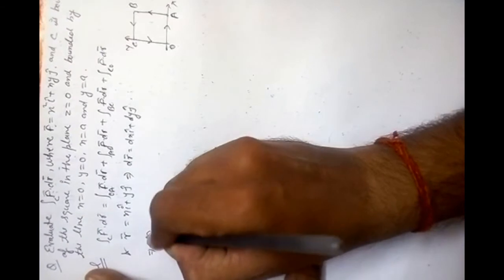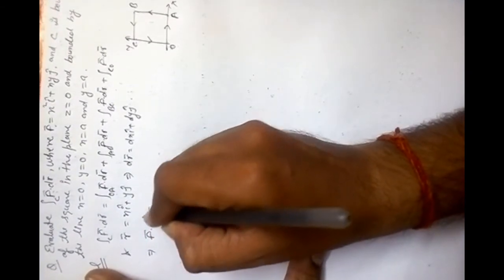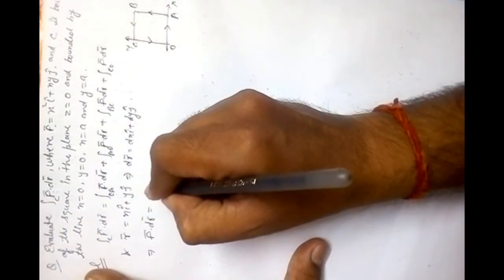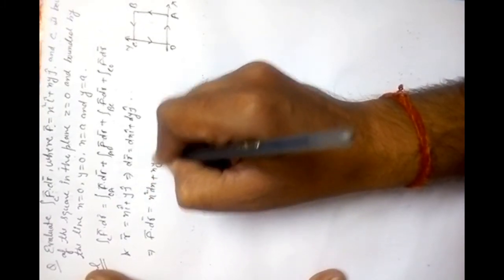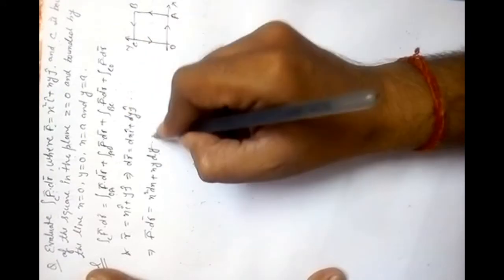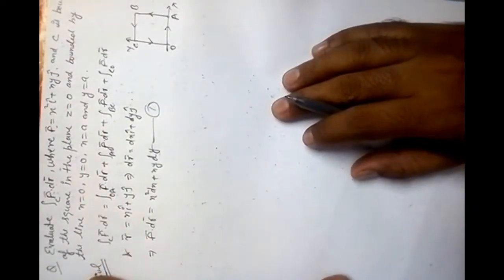So f dot dr is x square dx plus xy dy, equation 1.